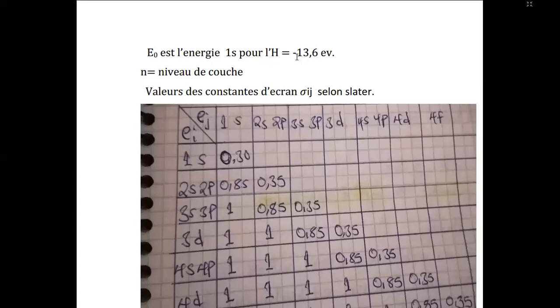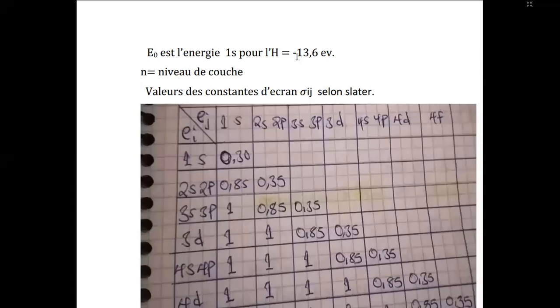Unlike when I go to n equals 2. For n equals 2, I'll be using 2 to the power 2, which will be 4, which means I'll reduce my energy in such a way. But when I use n equal to 1, my energy is never reduced. That's why we get negative 13.6.